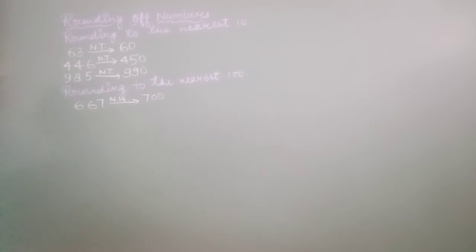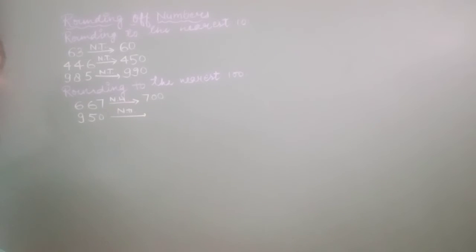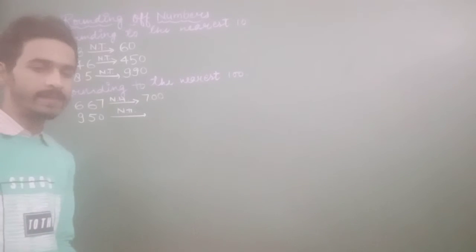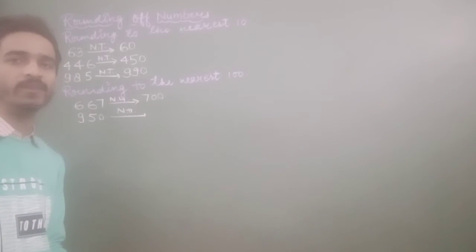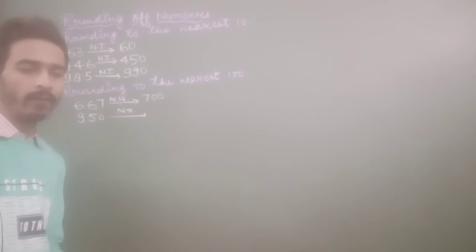The next example is: round off 950 to the nearest hundred. Now you can see here that 950 is exactly between 900 and 1000.